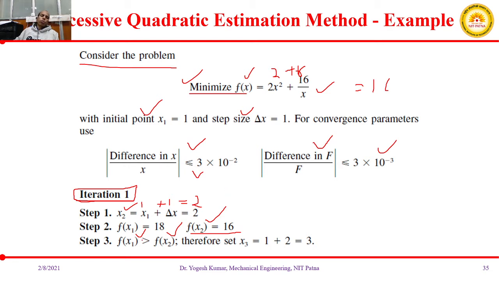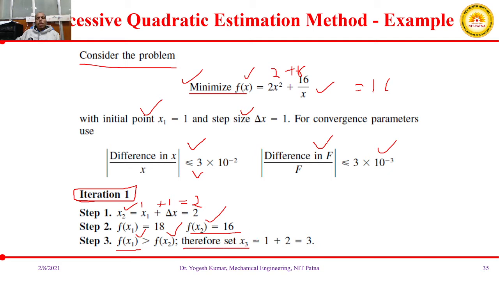Now we are supposed to compare the values of the function at x1 and x2. Here we can see f(x1) is 18 and f(x2) is 16. So your first condition is satisfied, that f(x1) is greater than f(x2). So how will we calculate the next point?